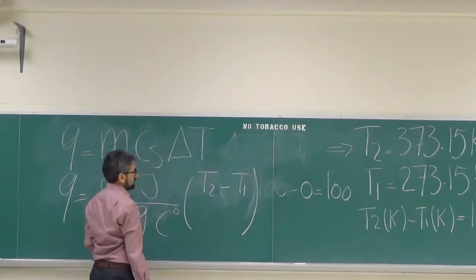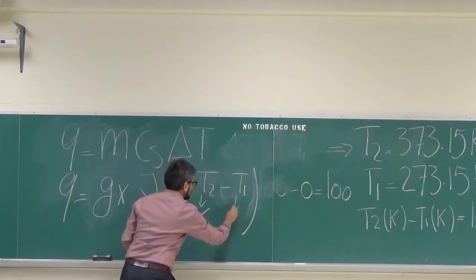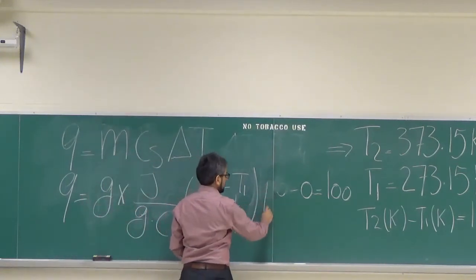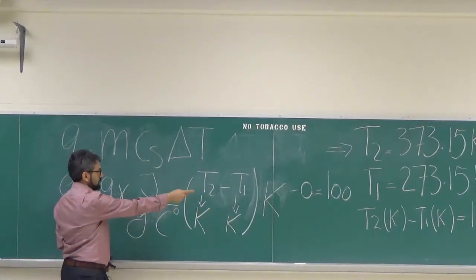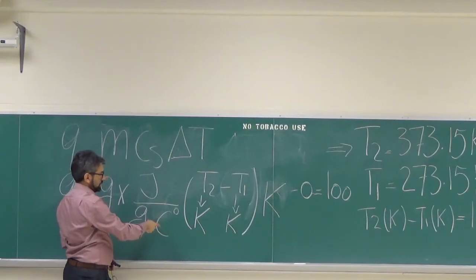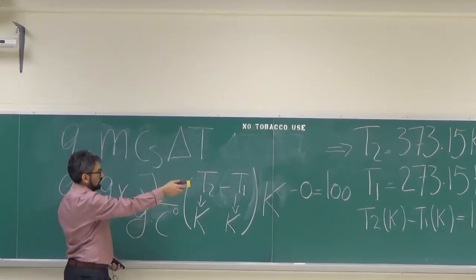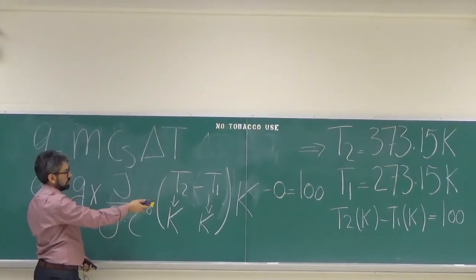Use these two numbers. This one I'm going to use in Kelvin, and that one also I will use in Kelvin. So I'm supposed to write Kelvin here, and then cross K by C, which is kind of weird. I showed you that it doesn't matter really whether you are using degree Celsius or Kelvin.